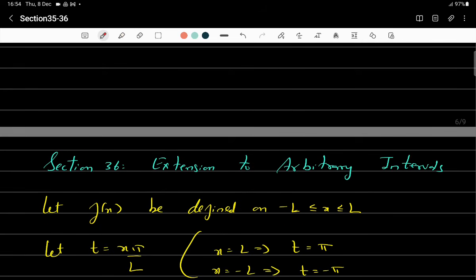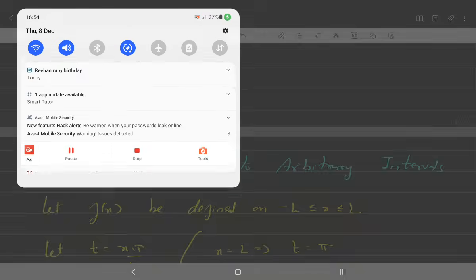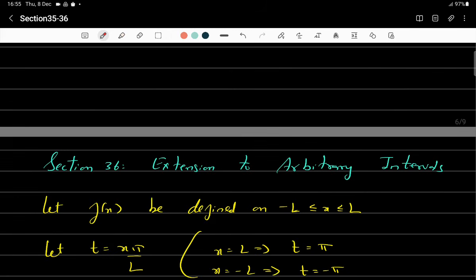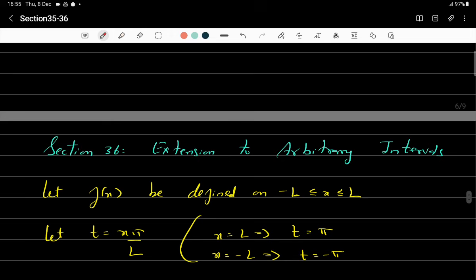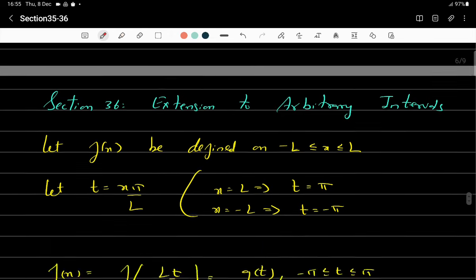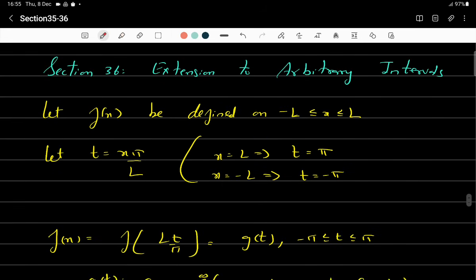So let t is equal to x pi by L. When you define t to be x pi by L, clearly t varies from minus pi to pi. It means you can write f of x as f of Lt by pi, which is g of t.